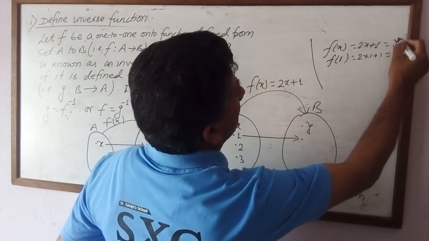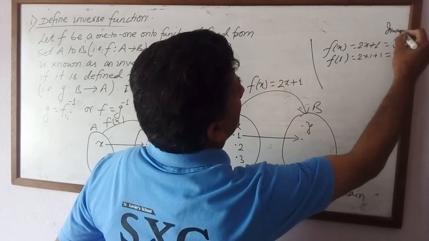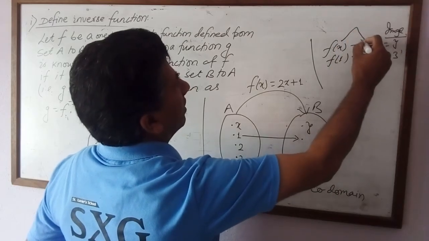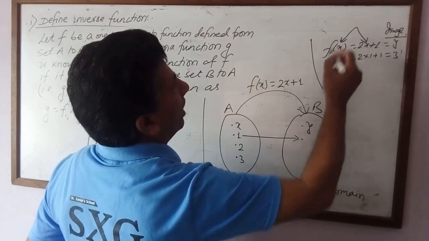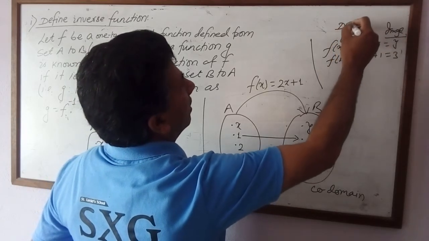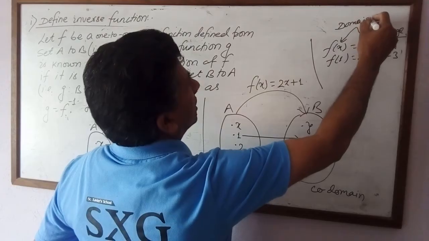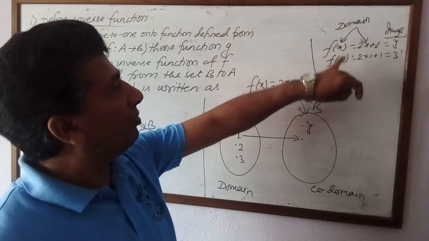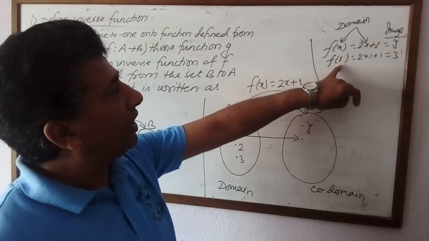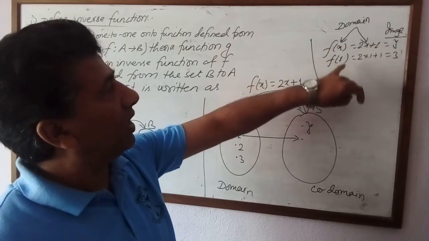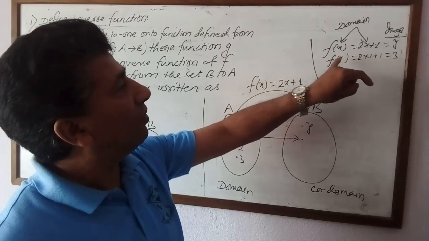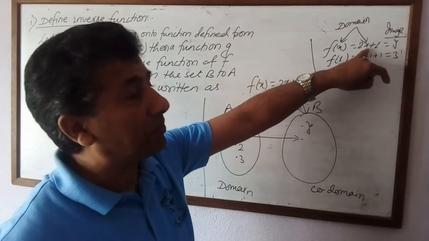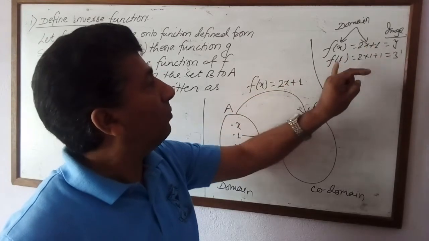Now these are images, which I have written by y. Now we have to understand it like this also. In place of x, the value of domain is 1. How to read this one? When the value of domain is 1, this formula, this function, gives the value 3.